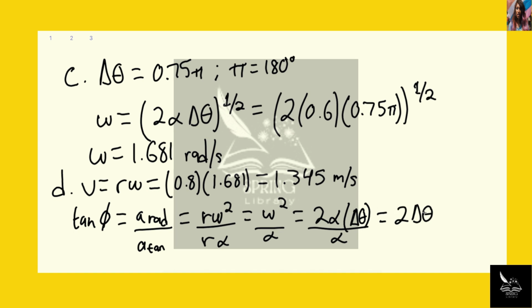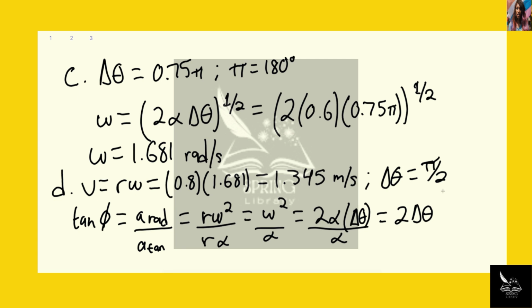Rather, sorry, this delta theta here actually is 90 degrees. So this would be pi over 2. So delta theta changes from C to D. So in part C, it's again 0.75 pi, but in part D, delta theta is going to be pi over 2.